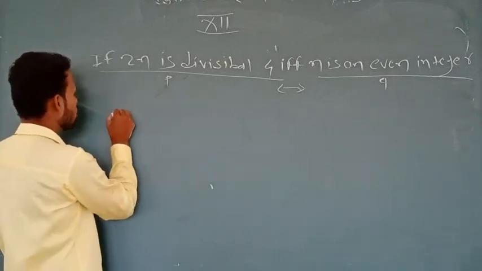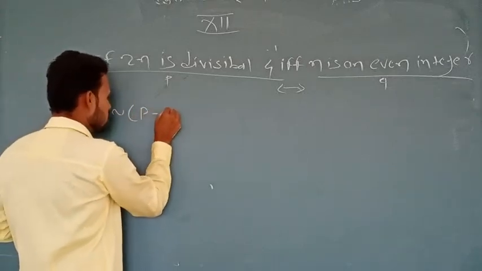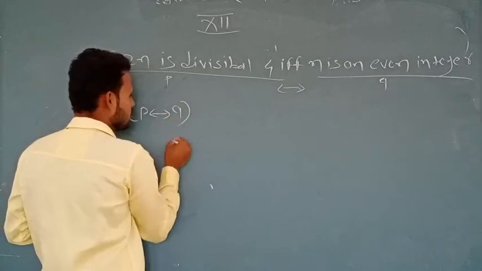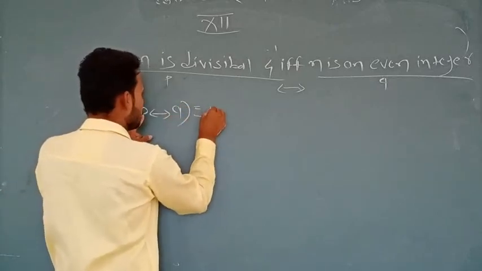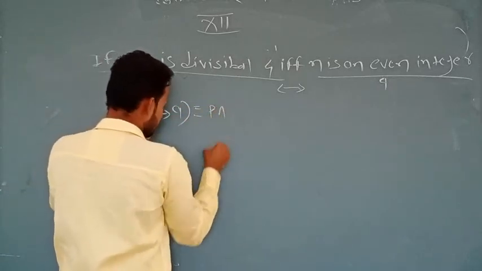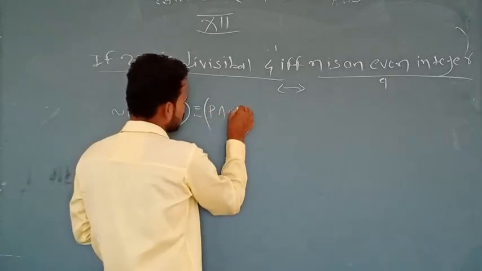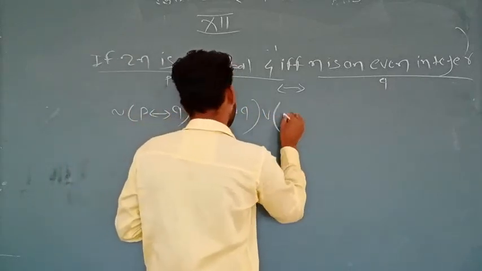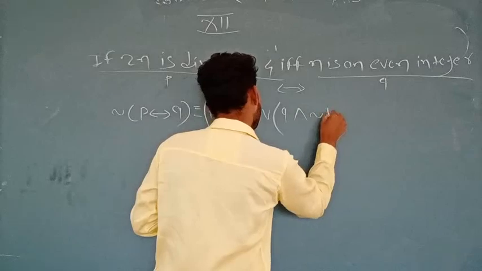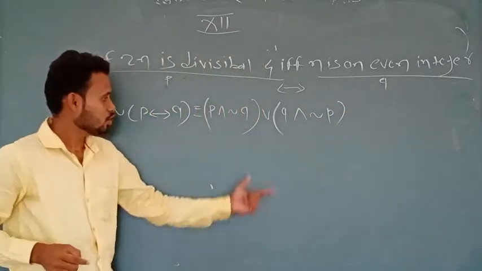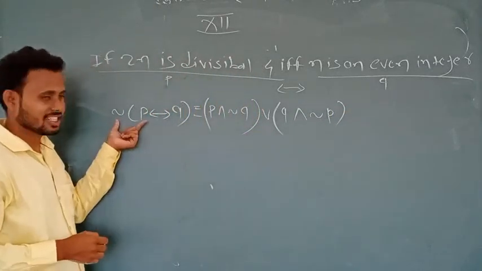We know the negation of a biconditional statement is equivalent to the first statement P as it is, and with the negation of Q, or Q and negation of P, which is the required negation of that statement.